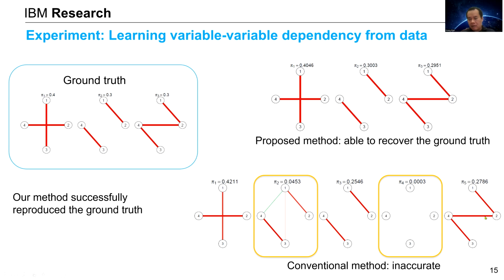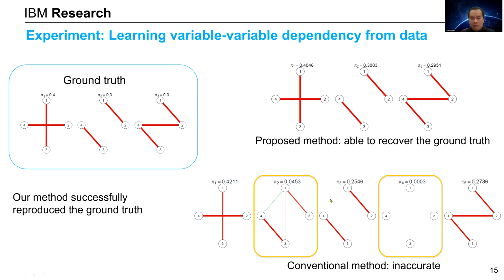We can see that they're sparse, and we also get a very small number of components. But when we zoom in, we see that some mixture weights are small. For example, here, pi 2 and pi 4, the values are small, and they are not shown in the ground truth. That's the drawback of the convex approach.